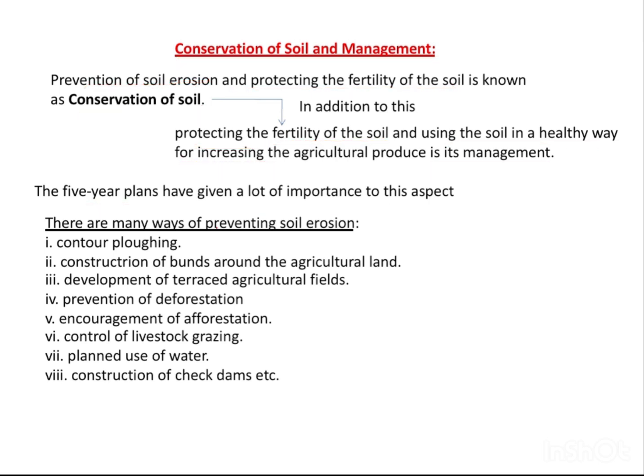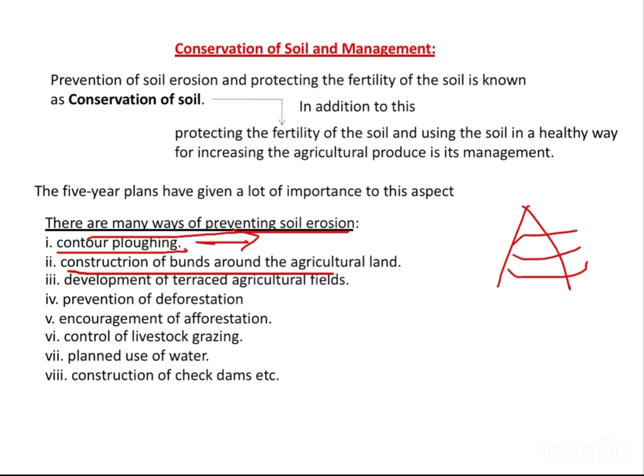Ways of preventing soil erosion. First one is contour farming. This is the type of farming in which lines of contour are kept on sloping regions. Second one is the construction of bunds around the agricultural land, that is building barriers or walls around the agricultural land with soil or stones.